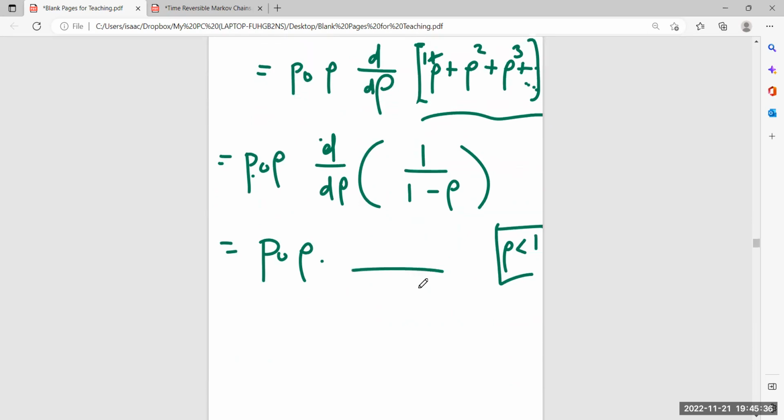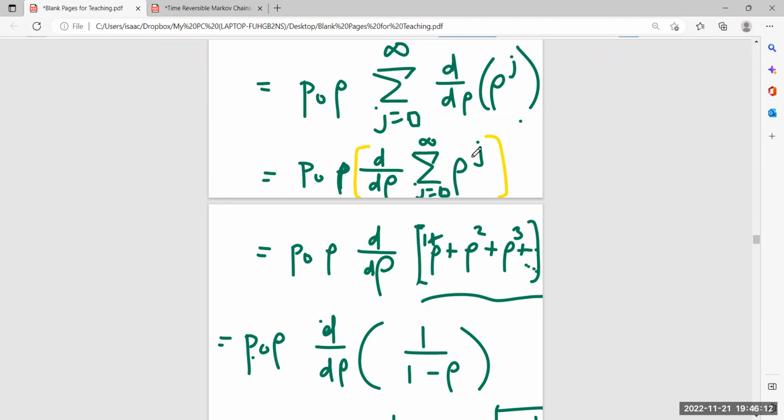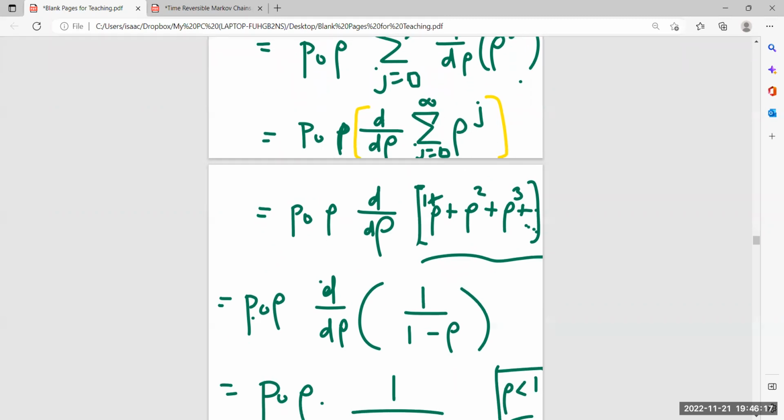If I differentiate 1 over 1 minus rho, that's 1 over 1 minus rho squared, with a plus 1, because the minus and the minus cancel. From j equal to 0, rho to the power 0 is 1. So I just expand out this thing here.